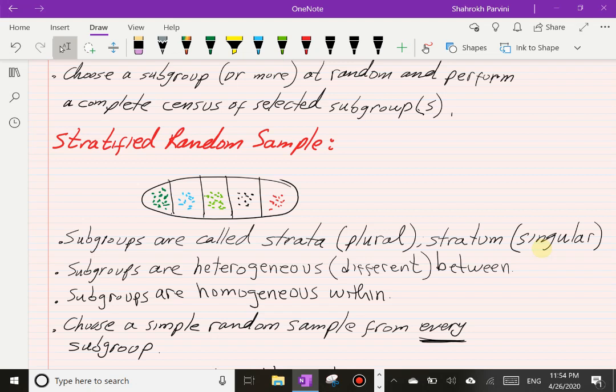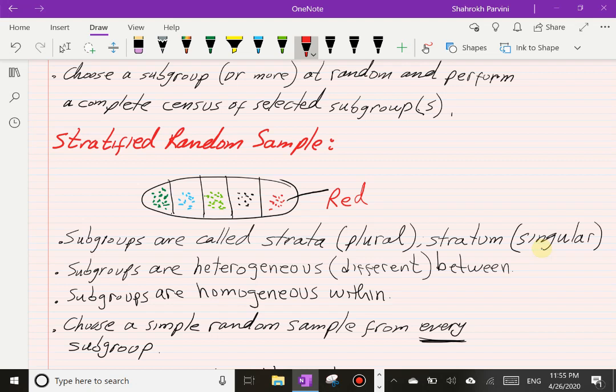Okay, now something that's notably different in this population, I have in each subgroup, the colors are the same. So for example, if you look at this one, right, in this one, every one of these are red. The one, let's say, in the middle, every one of those are light green. To the left of the light green, every one is blue.